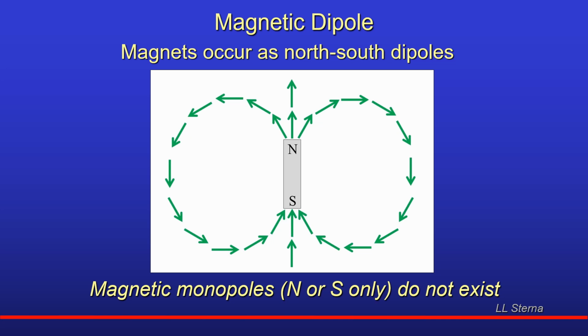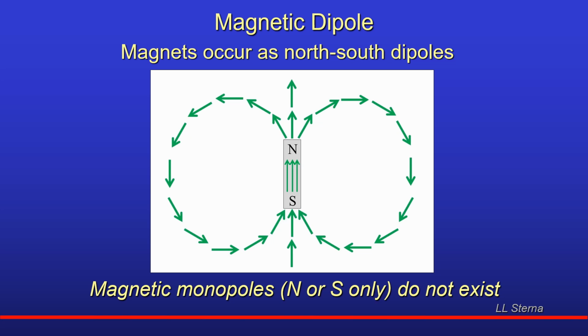The answer is no. The north end of a magnet is not a source of magnetic field. The south end of a magnet is not a sink of magnetic field. Only on the outside of the magnet do the field lines proceed from the north and enter the south. If we could look inside the magnet, we would find that the field lines go from the south to the north.